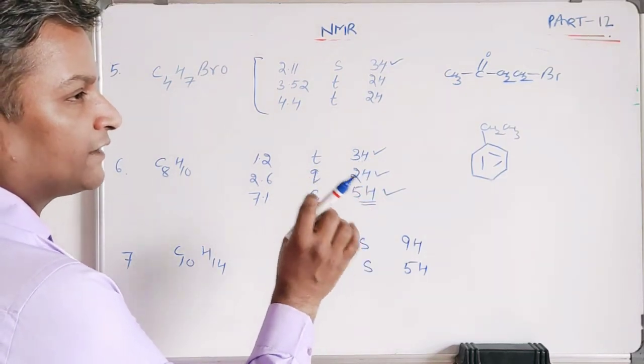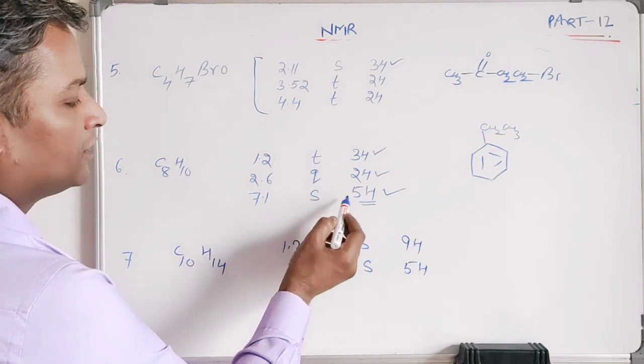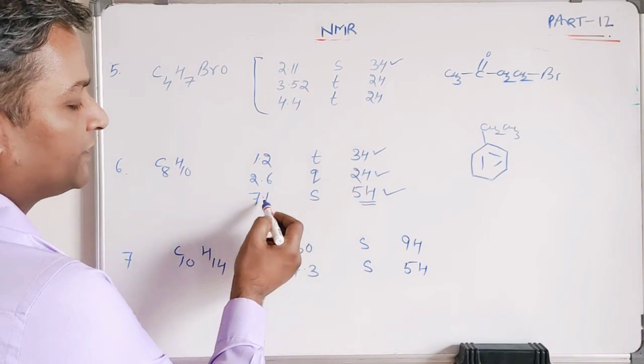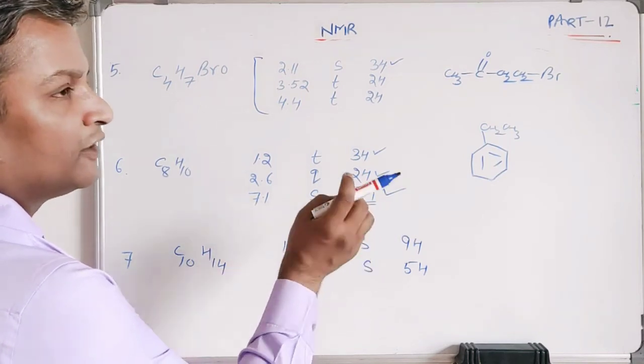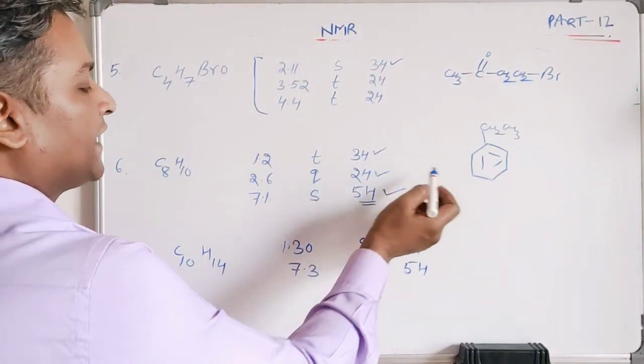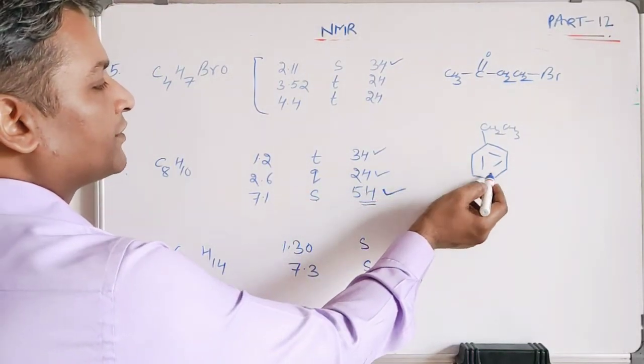If it was disubstitution, in that case you will observe 4 protons and some nature of peak. But singlet for 5 protons always indicates a monosubstituted benzene ring system.